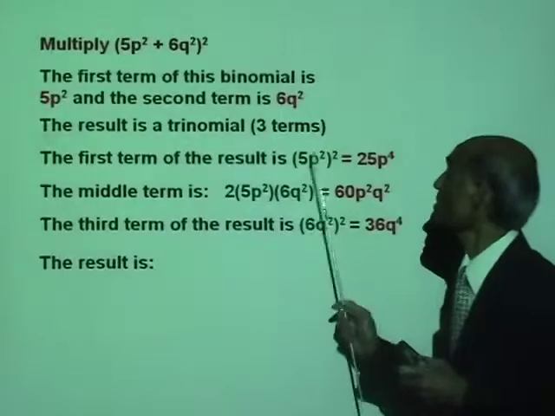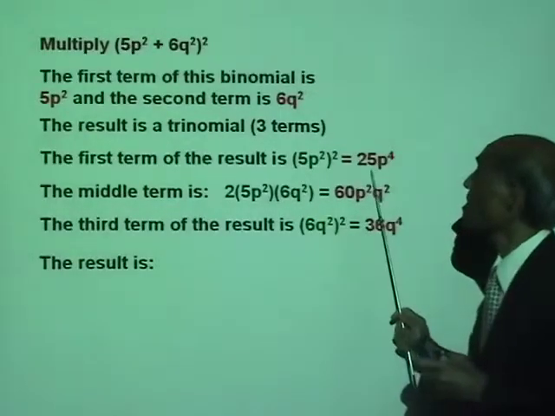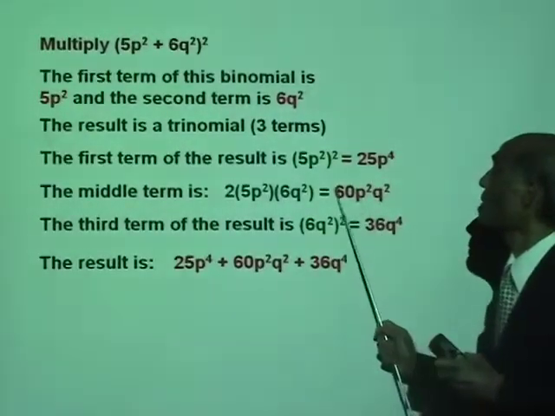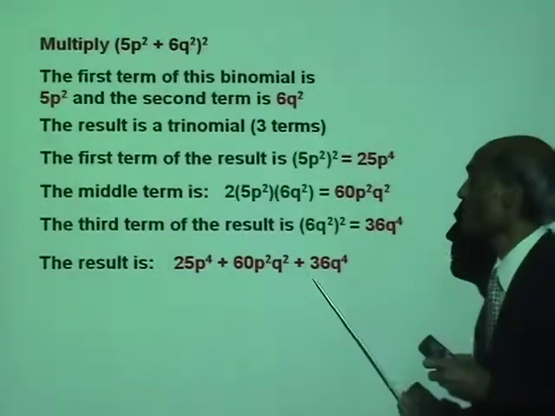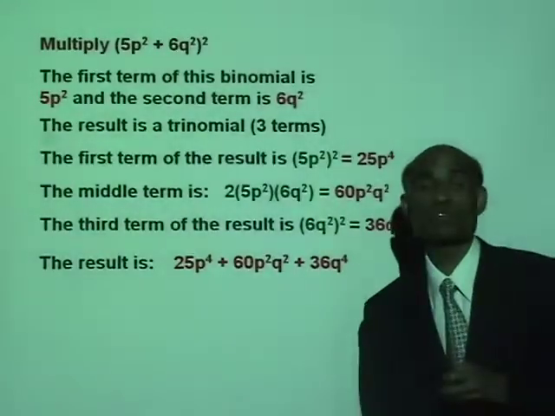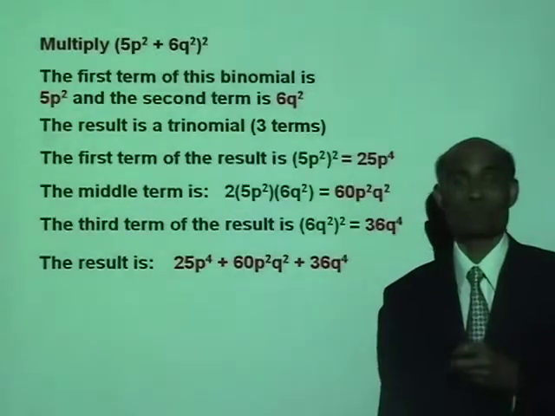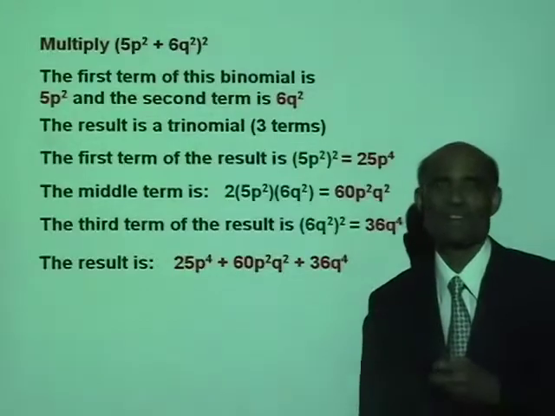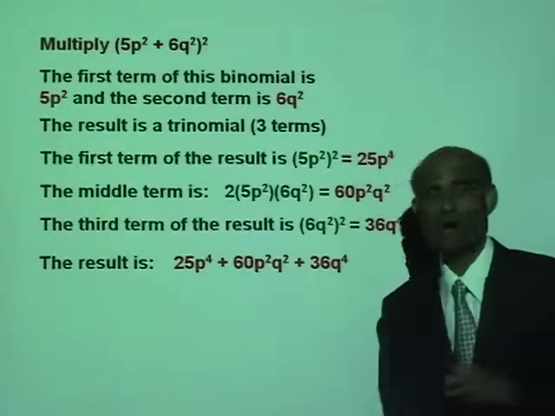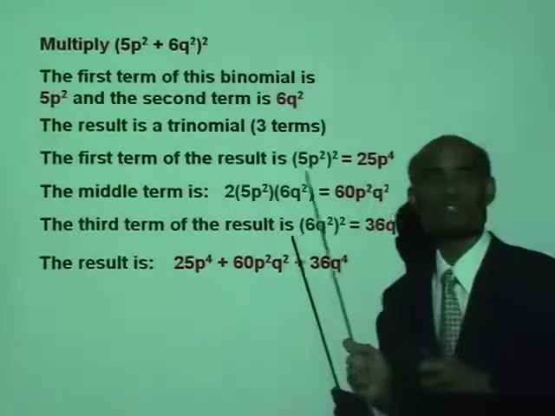Okay, so the result now is 25p to the power of 4 plus 60p squared q squared plus 36q to the power of 4. I am not going to do the other way for you with this one. Okay, try that on your own. You see whether you can produce the same result.